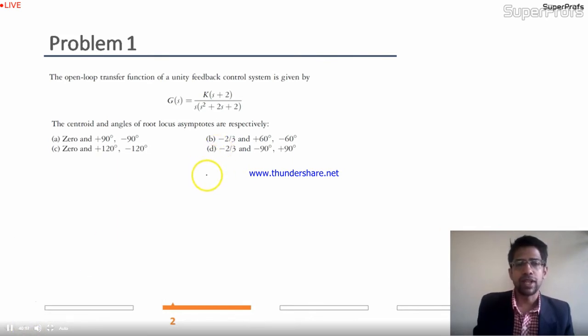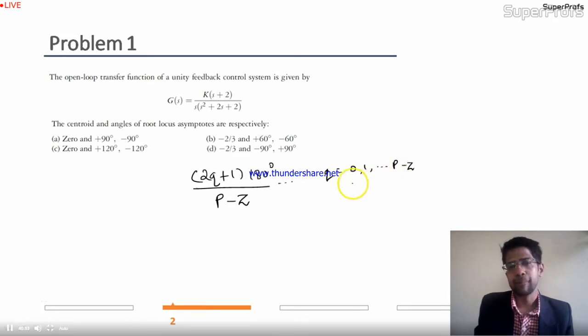So if there are n number of different asymptotes going towards infinity, you have (2q plus 1) into 180 degrees divided by p minus z. So this gives you the angle, and where q is nothing but 0, 1 till p minus z.